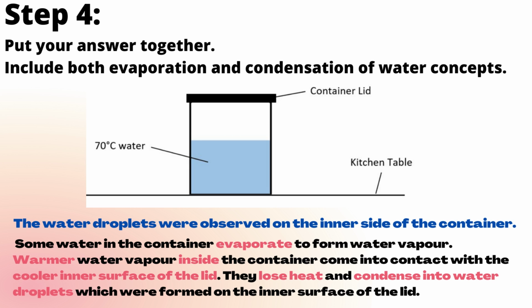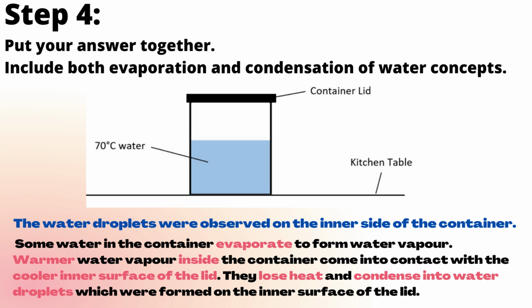So warmer water vapor inside the container comes into contact with the cooler inner surface of the lid. Now see the contrast. Condensation will only happen when the water vapor loses heat.